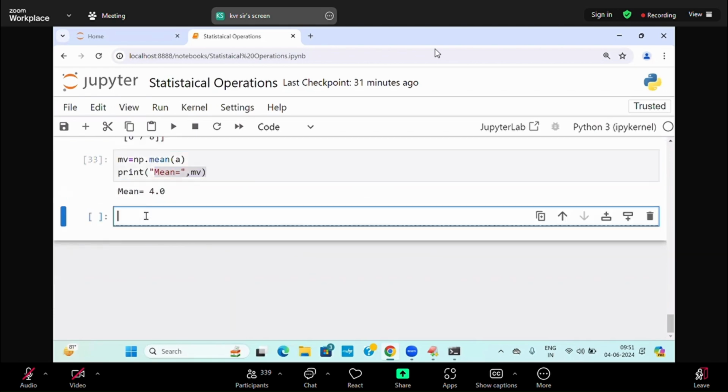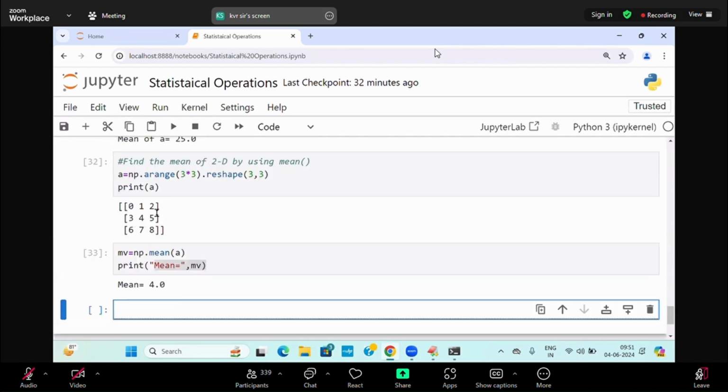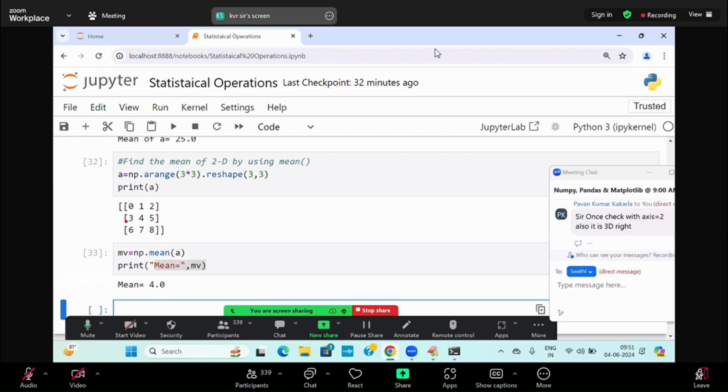Right. Next, similarly, I will find the column mean as well as the row mean. What is the column mean? 0 plus 3 plus 6, 9 by 3, 3 rows.